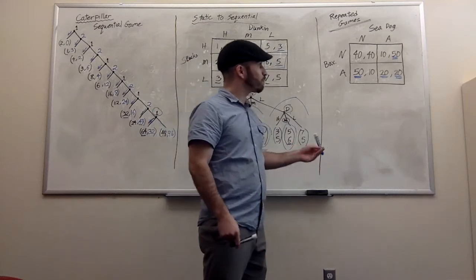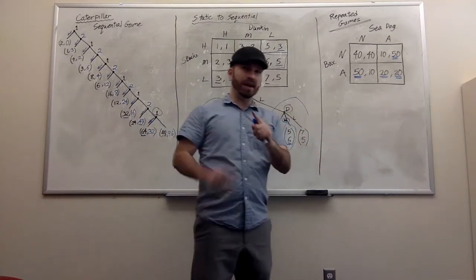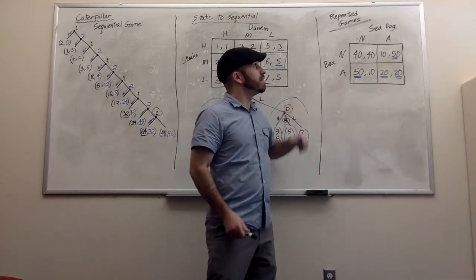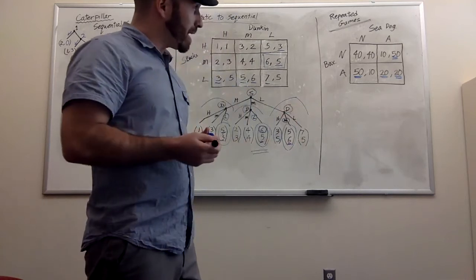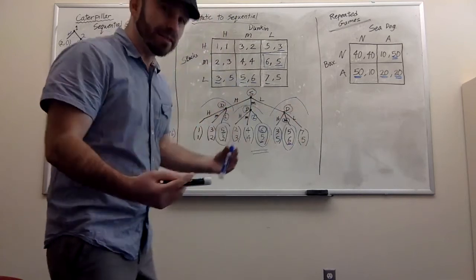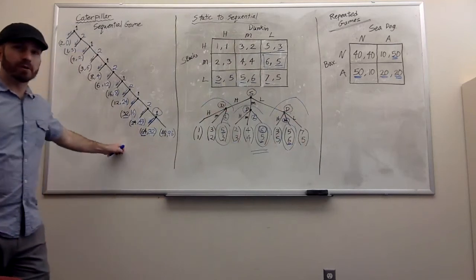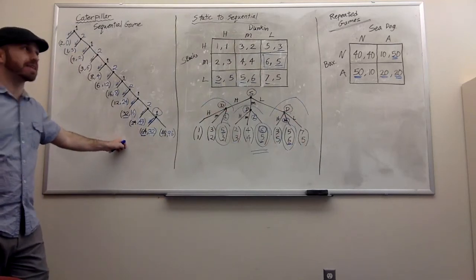Well, if I know that there are 12 months of this repeated interaction remaining, then subgame perfect Nash equilibrium, right? The strategy is effectively the same as this.